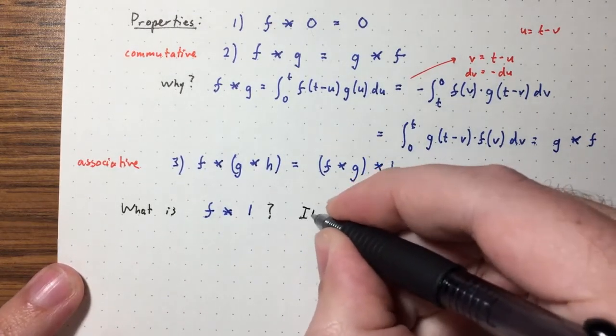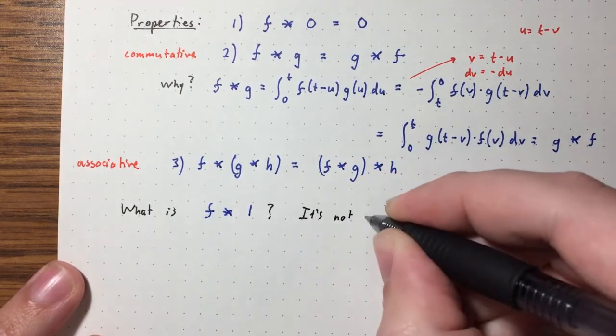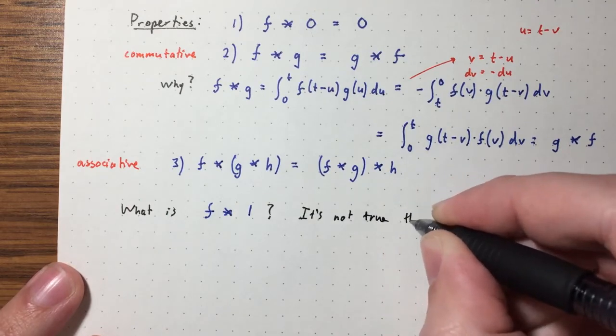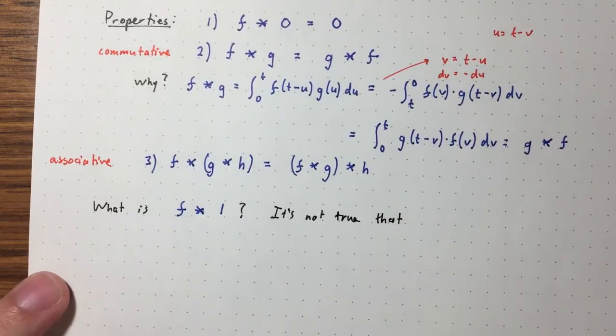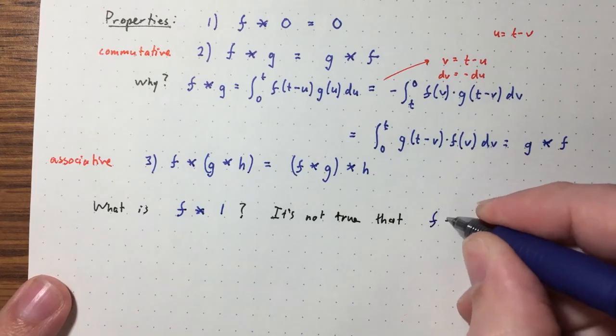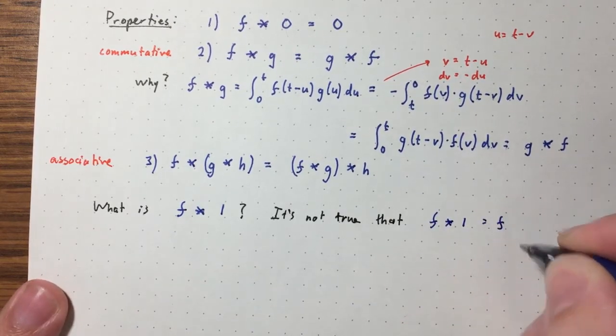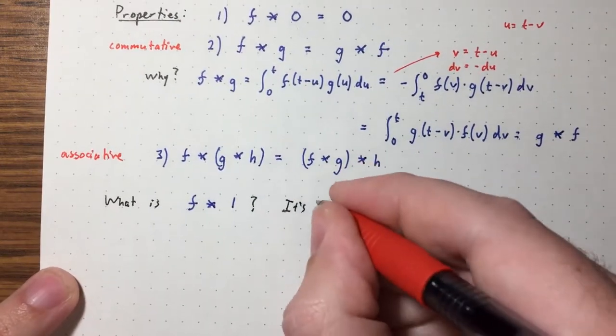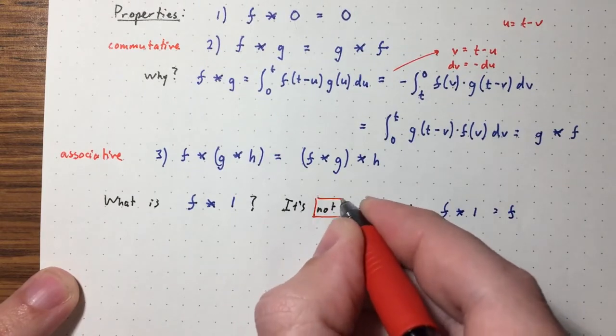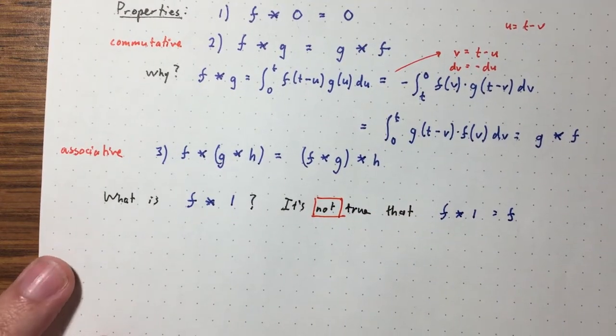But it's not true. It's not true that f convolved with 1 equals f. Again, I'll emphasize this is not in general true.